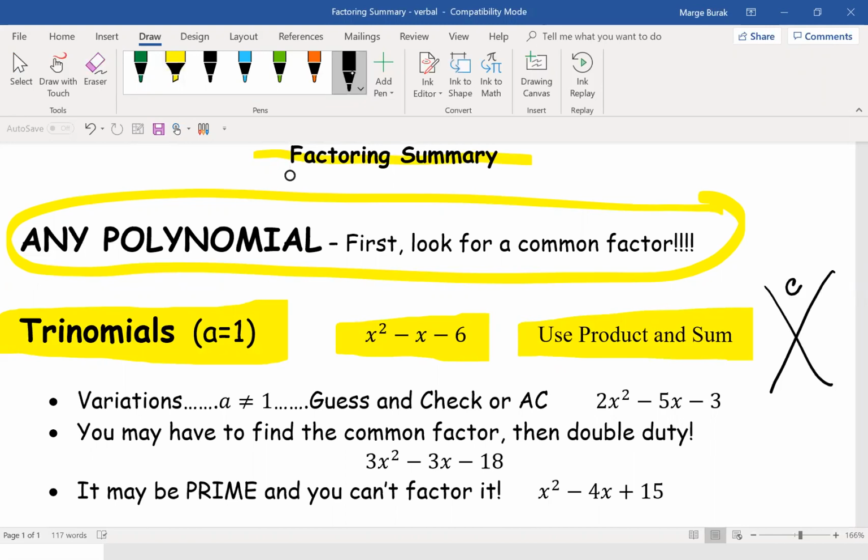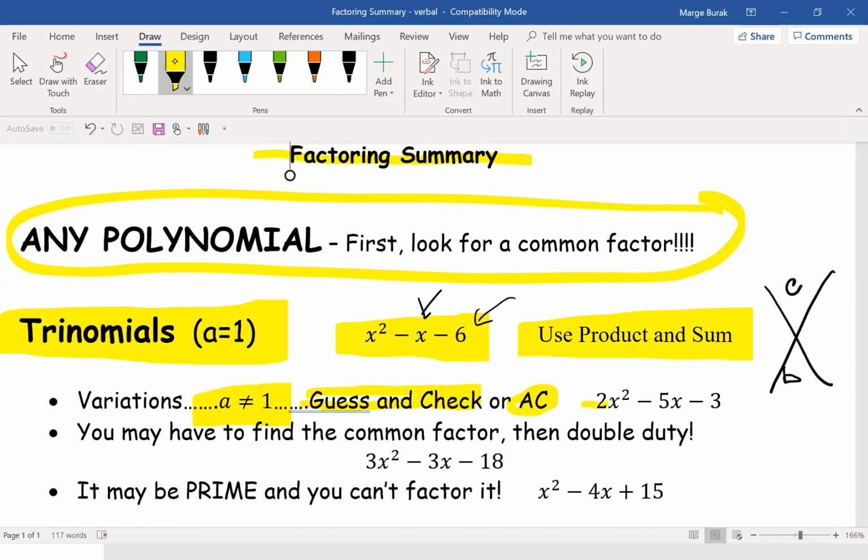The numbers multiply to C and they add to B. Now, variations are if A does not equal 1. I'm going to recommend guess and check if the numbers are prime, or the AC method if they're not, and if that's your favorite, it works for any of them.